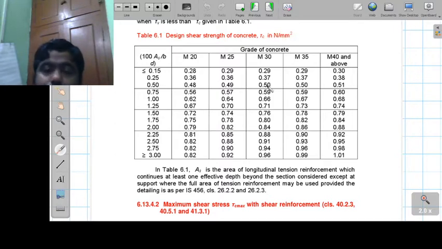If you open the code book IS 456:2000, you will find the information.